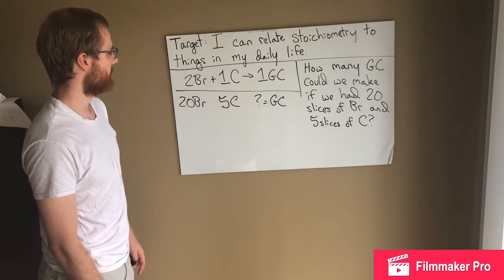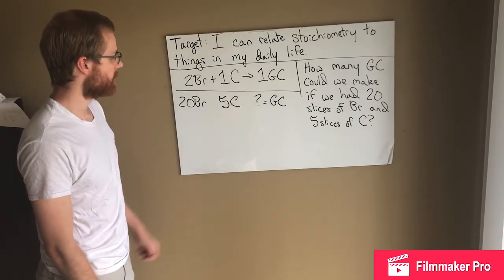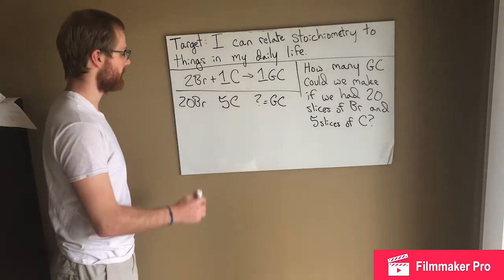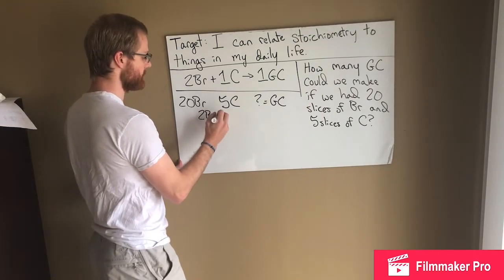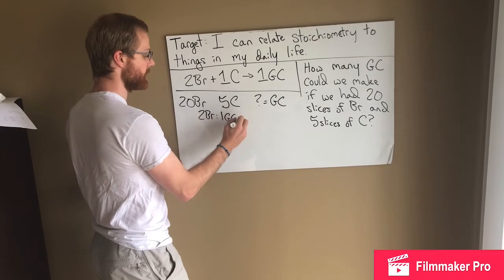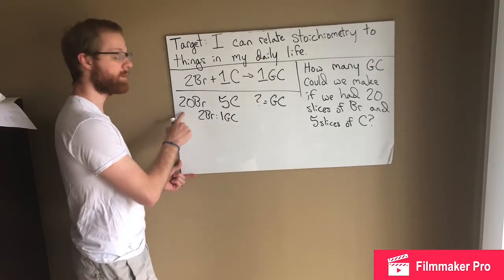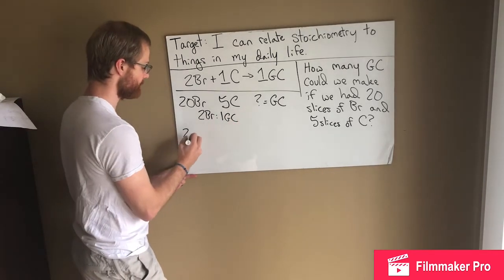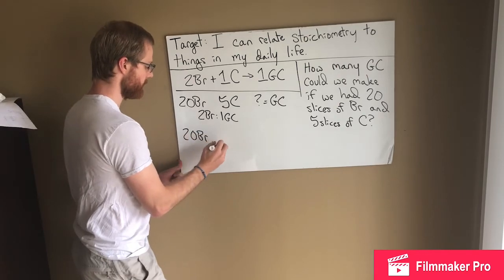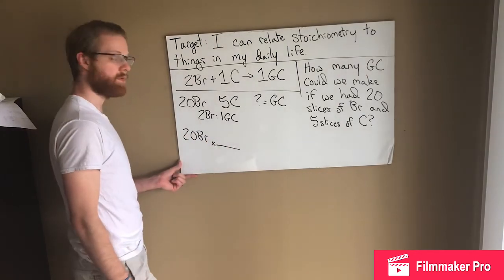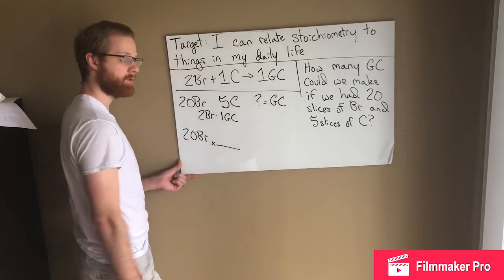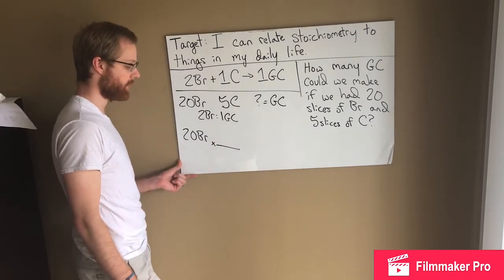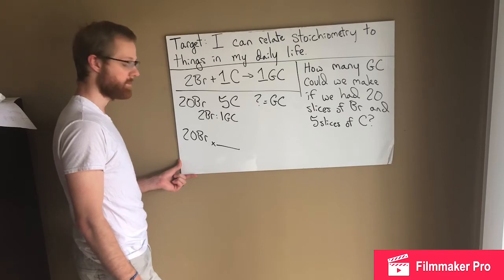So let's take one of the numbers that we know and let's use those conversion factors that we've talked about. We know that 2 slices of bread will be used to create 1 grilled cheese. And we've got 20 slices of bread. Okay, so which number is going to go on top of my ratio and which number is going to go on the bottom?